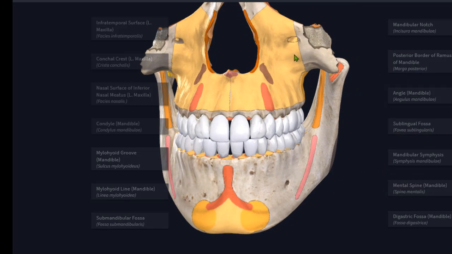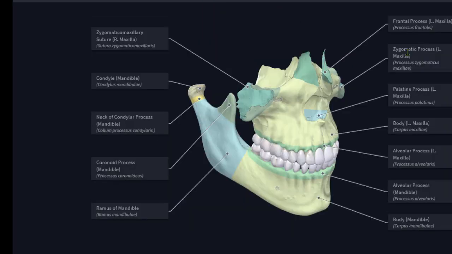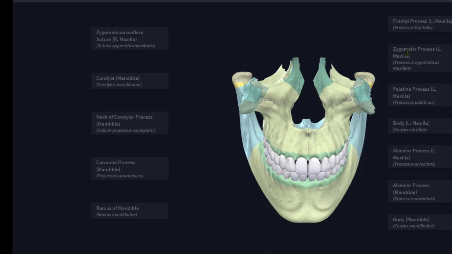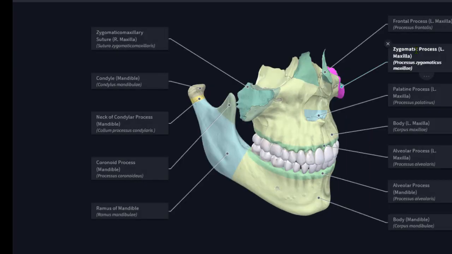Here you will find the zygomatic process of the maxilla, and we will now see what the processes are. Here you can see the zygomatic process. After the zygomatic process, you will find the frontal process of the maxilla, which you can observe over here.